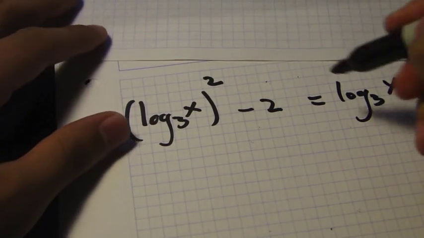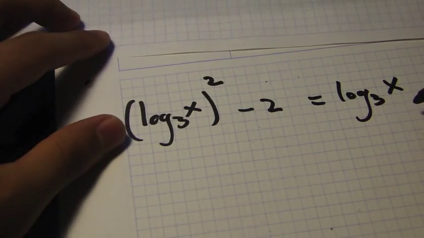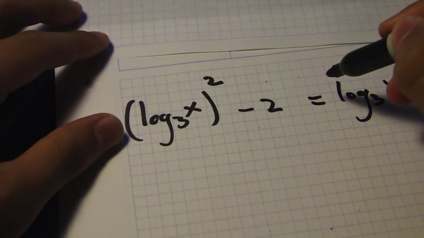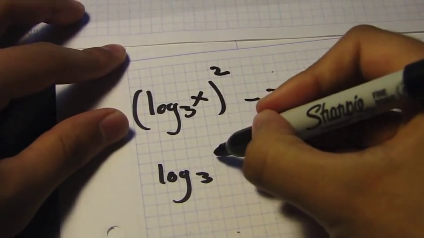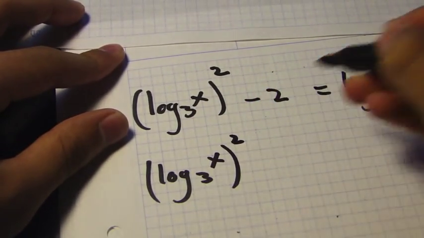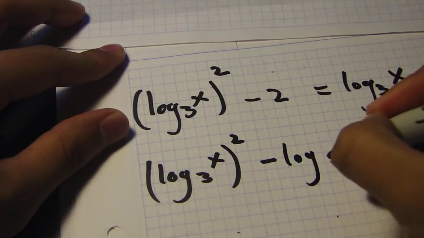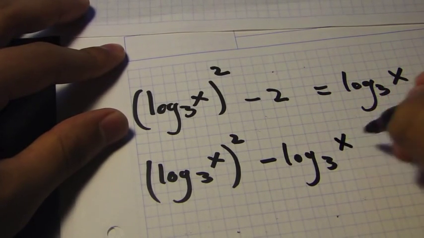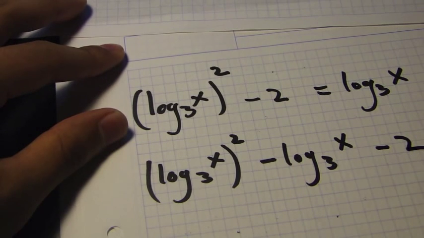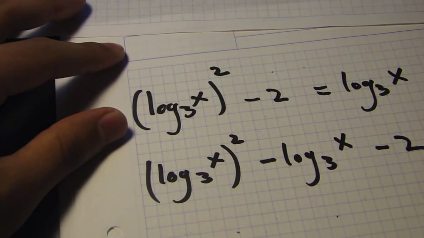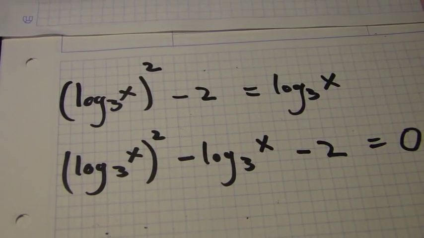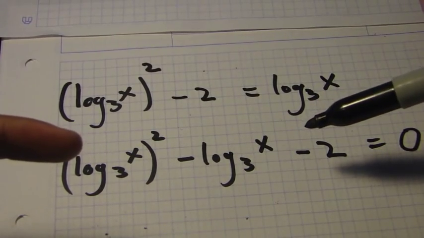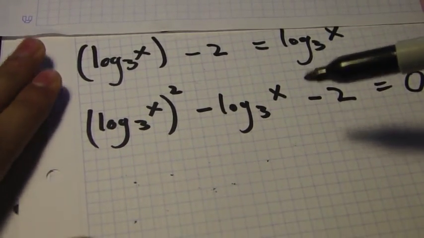Alright, so now move the log base 3 of x onto the left side here. So we end up with log base 3 of x bracket squared minus log base 3 of x minus 2 equals 0.